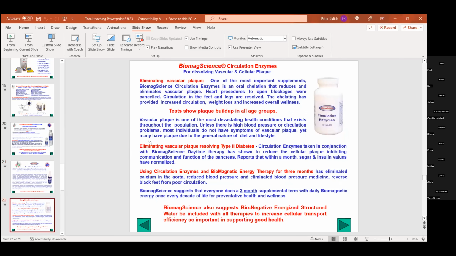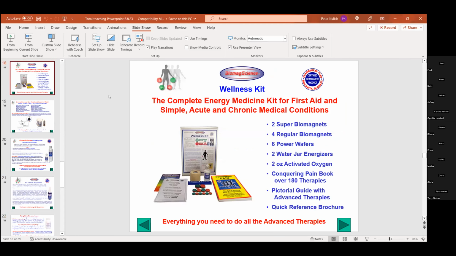And let's see. Oh, and we also have what we call circulation enzymes. They dissolve vascular plaque. They're good. They work. It's an oral chelation. What we've done is try to put everything together. You get the book, you get a pictorial guide when you get the wellness kit.